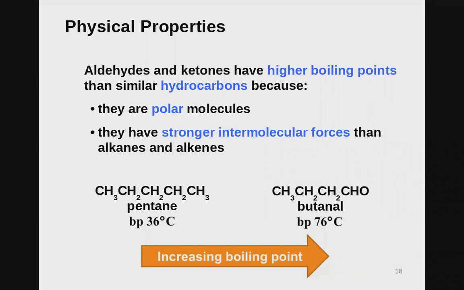So as we increase the size of our ketones, very much like any of our molecules, the boiling point increases. So for instance, butanone has a higher boiling point than methanone. I know, methanone. Anyways, you get the idea. Larger things have higher boiling points, but when compared to an alkane of similar size, they're going to have higher boiling points and melting points for that matter.